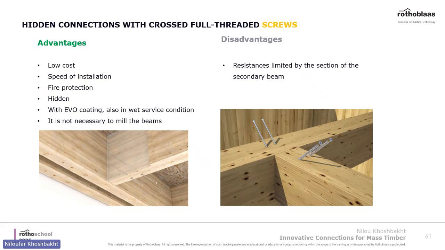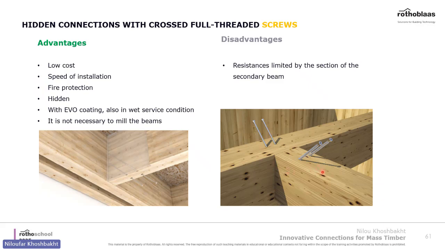All right, here's a summary of using fully threaded screws to connect beams to beams. The advantages are low cost, higher speed of installation, and, because it's hidden, it helps with fire protection. Also, if you use the Evo coated screws, they work well in wet service conditions, and it's minimally invasive.